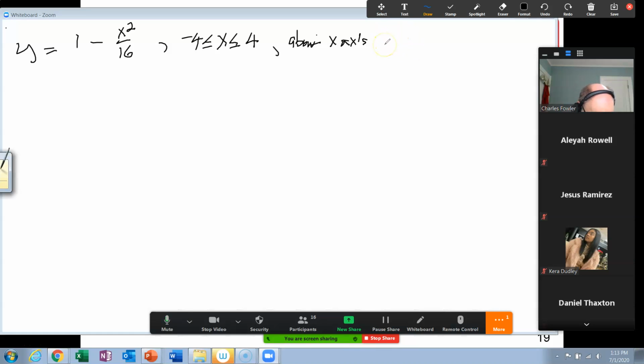We do need to know that, because the answer is going to be in cubic feet. Find the volume of the pontoon.